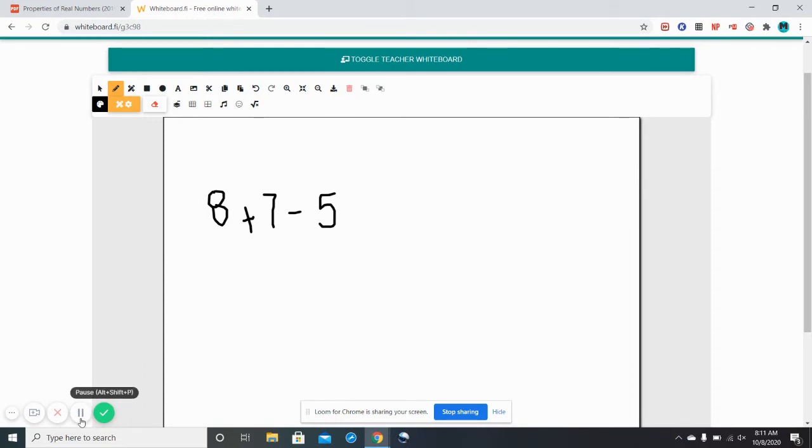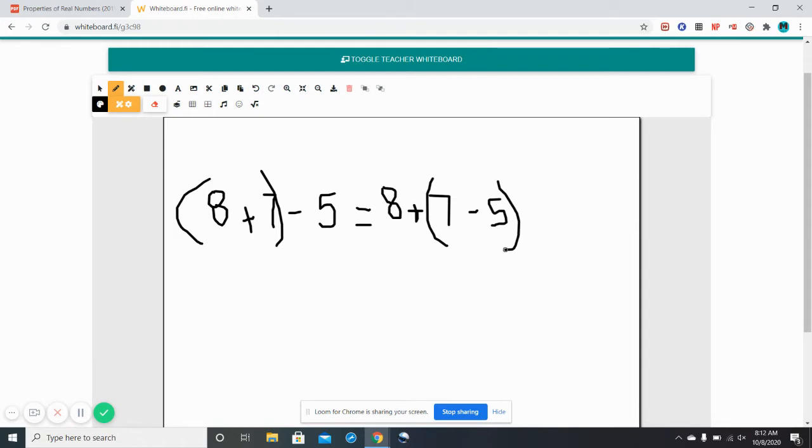So we have that on that side, and then we have it on this side. So let's say you have your parentheses, 8 plus 7, and then you have 7 minus 5. That would still work. Watch.